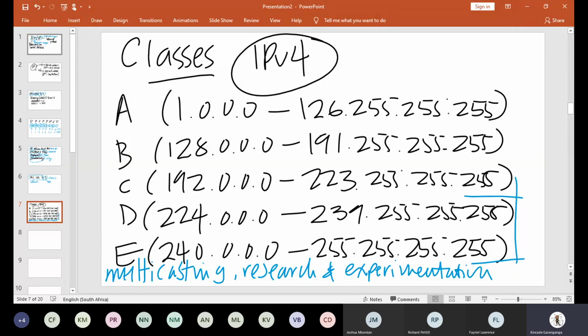So we're ending at 191 in class B, starting at 192 in class C, ending at 223 in the same class, and then starting at 224 in class D, ending at 239 in the same class, and then naturally jumping to 240 for class E. But on the other hand, if you look at class A, we've got 127 that has not been incorporated there because we end at 126 for class A and then jump to 128 as far as class B is concerned.